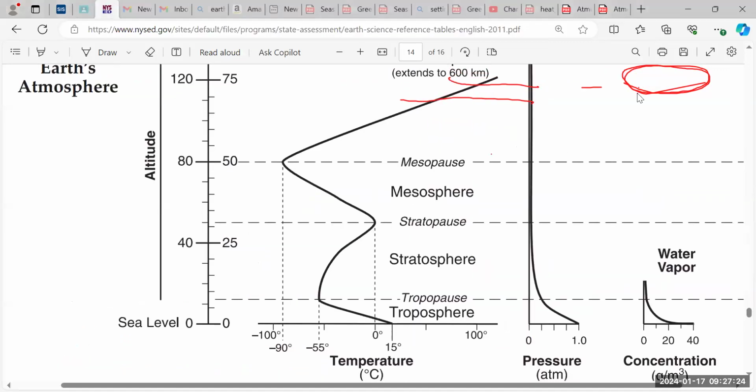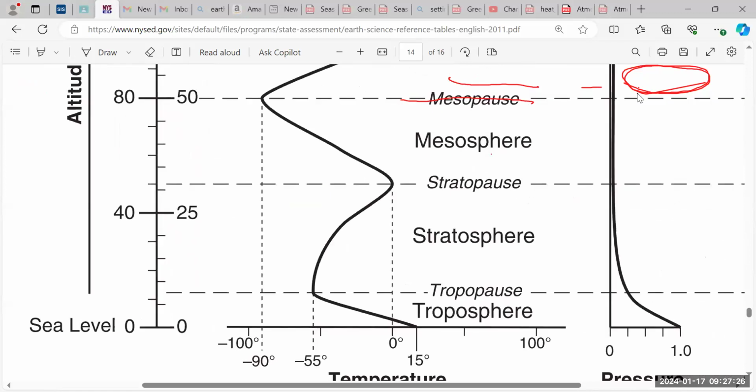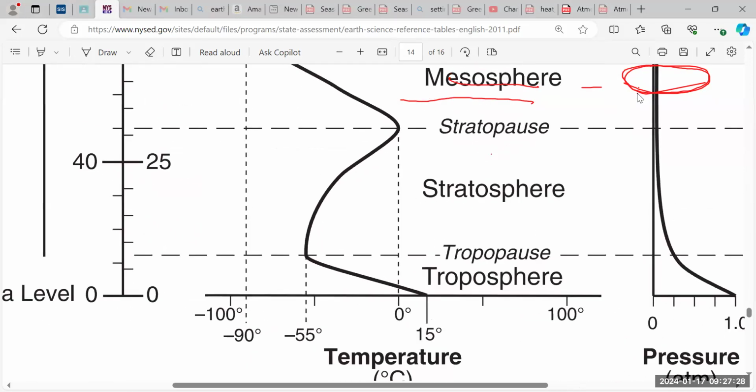Page 14, and I'm only going to focus just on the stratosphere. Starting at the bottom of the stratosphere, right here, and the stratosphere ends right here.